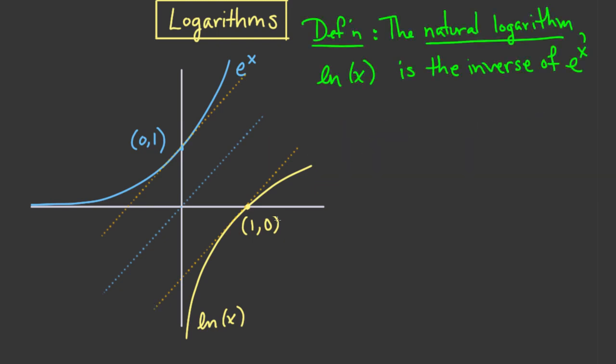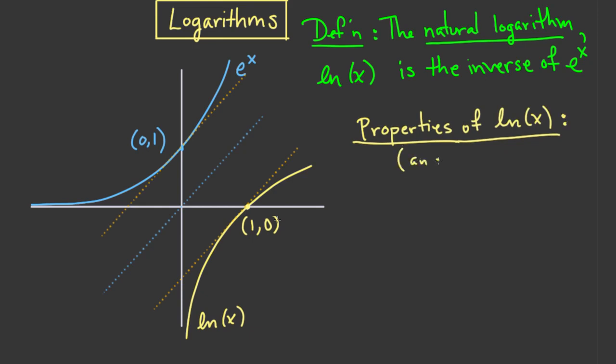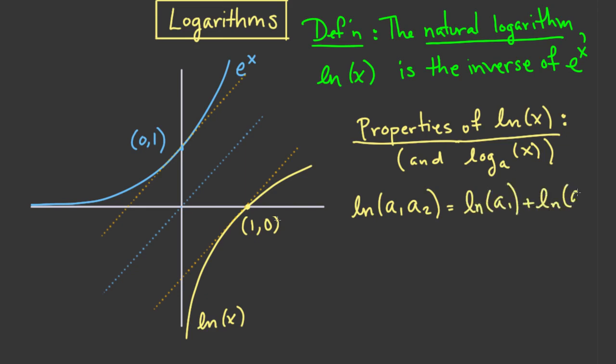Before we get any further into finding the derivative of this function, I want to remind you of some of the properties of the natural logarithm. And these properties actually hold for all logarithms with any base. And all of these properties follow from the inverse relationship with the exponential functions. These properties are that log of a1 times a2 is equal to log of a1 plus log of a2.